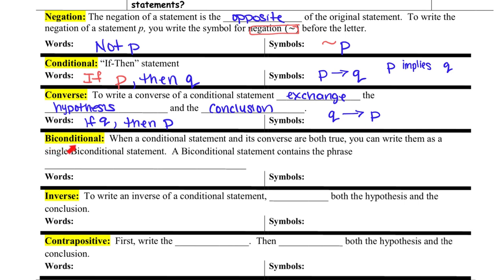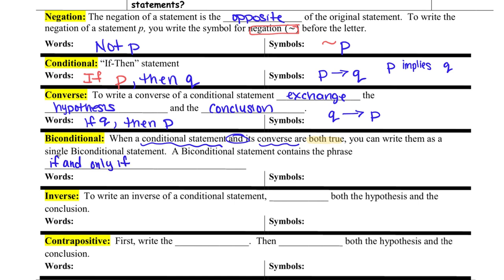So now we have biconditional statements. This happens when a conditional statement and the converse are both true. We can write them as a single biconditional statement. And biconditional statements contain the phrase if and only if.